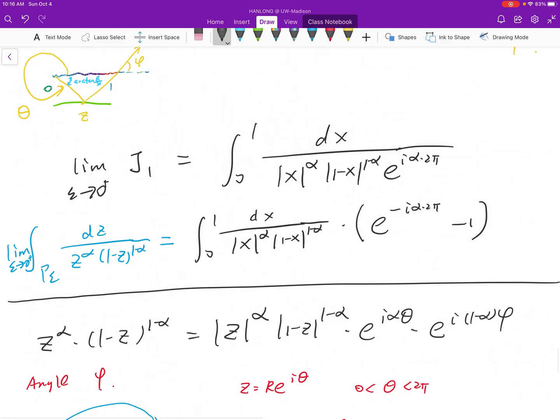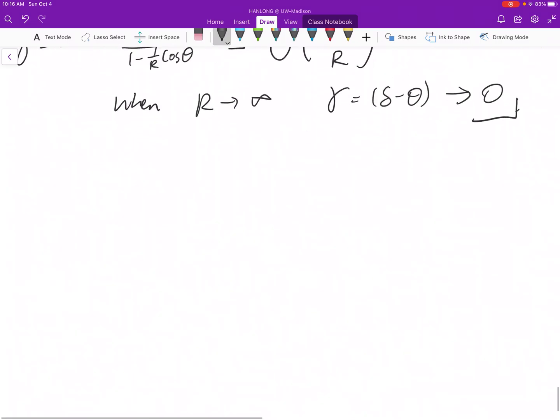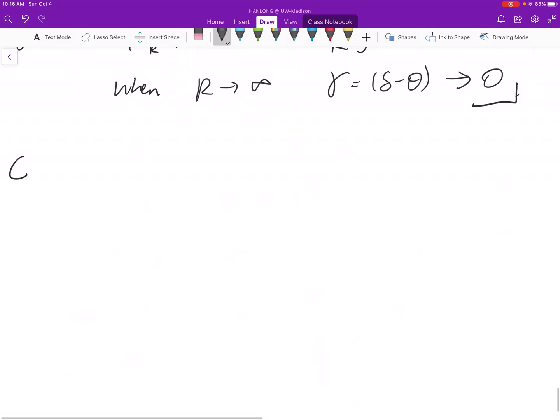Now we look at the integral along the outside circle.